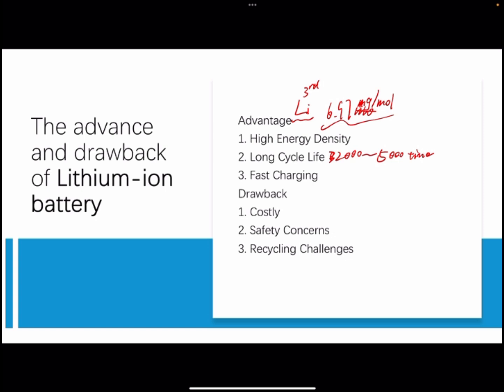You can use it for a very long time. For example, we charge our phone once a day, and if the cell applied in your phone is very good, you can use it for at least 10 years. It also has the feature that it can fast charge.